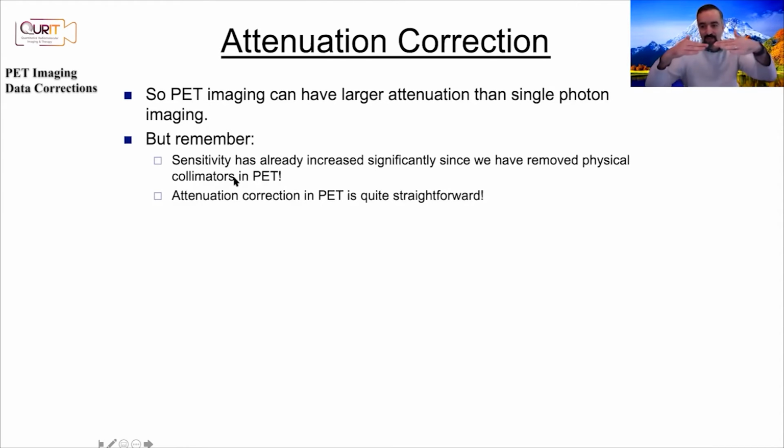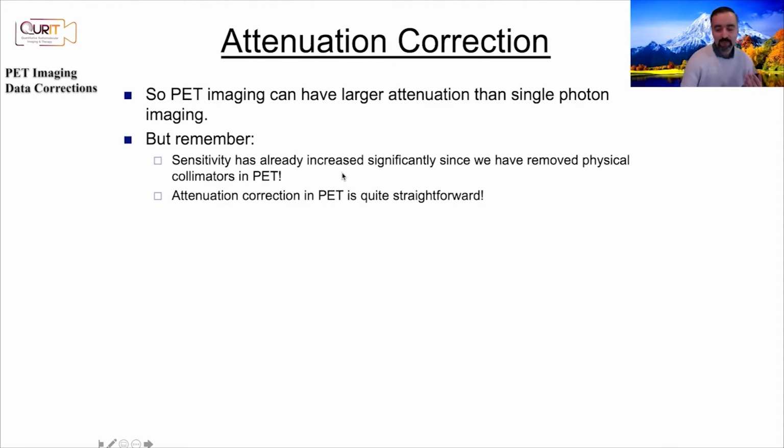If you're having just a standard single photon camera with collimators, now you can get rid of the collimators and surround the patient as you do with PET, and the sensitivity might have gone up by something like 2 orders of magnitude.